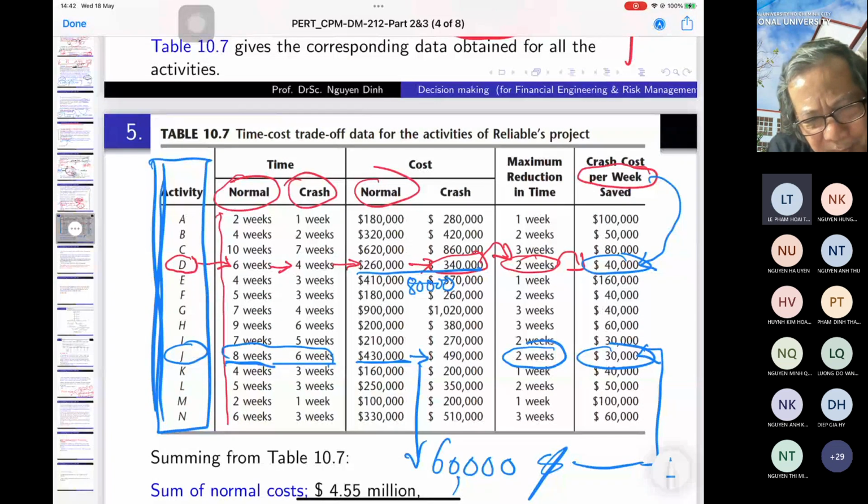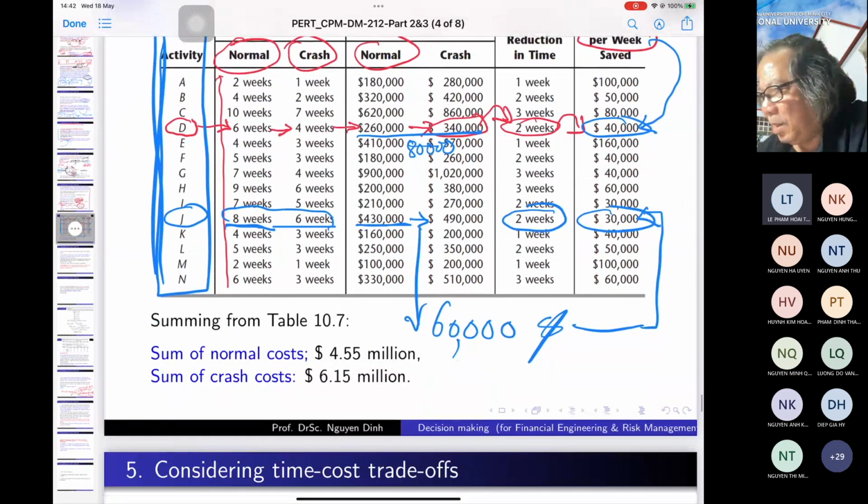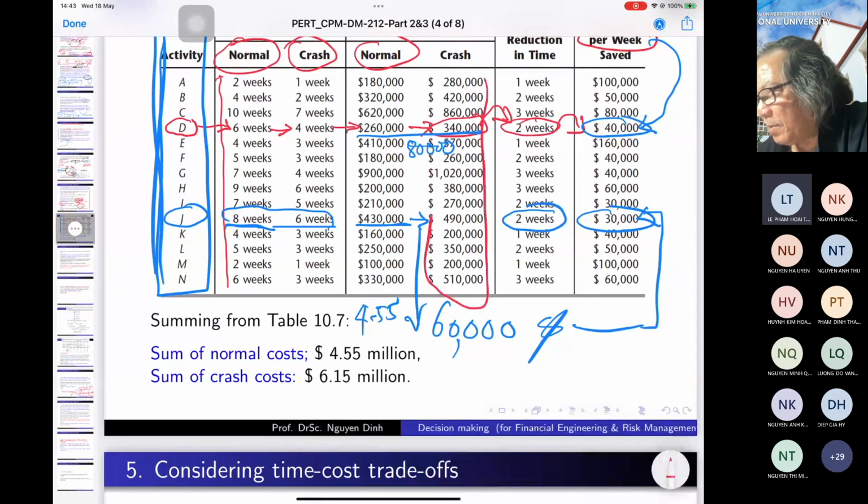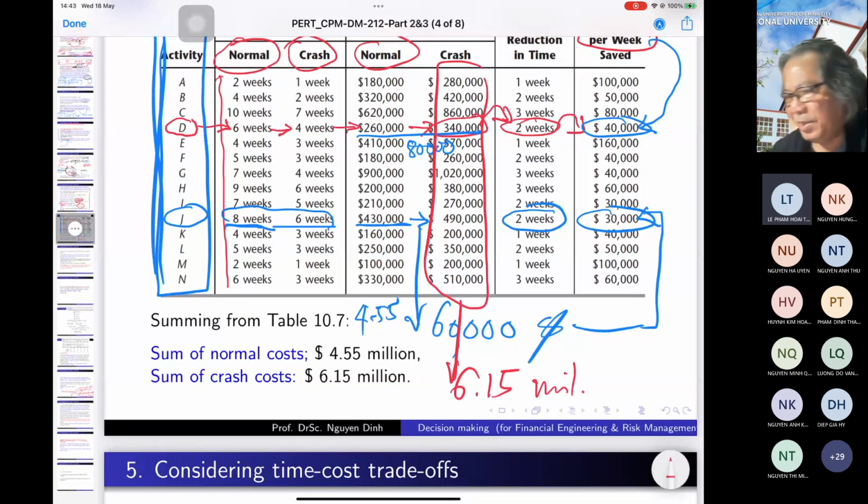But if you sum up here, the money here is 455 billions, but the crash here, if you calculate the sum of all of this, it becomes 6.15 millions of dollars.